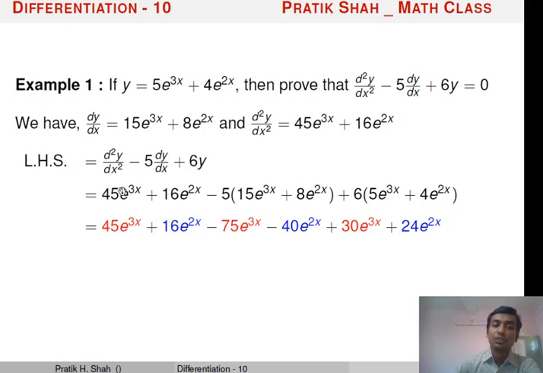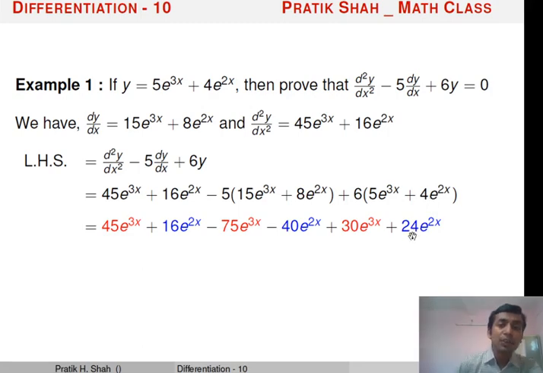Simplify this. So this is 45 e raised to 3x as it is, this is as it is, this is 15 into 5 is equal to 75, 8 into 5 is equal to 40 which will be negative, 6 into 5 is equal to 30, and 6 into 4 is equal to 24.